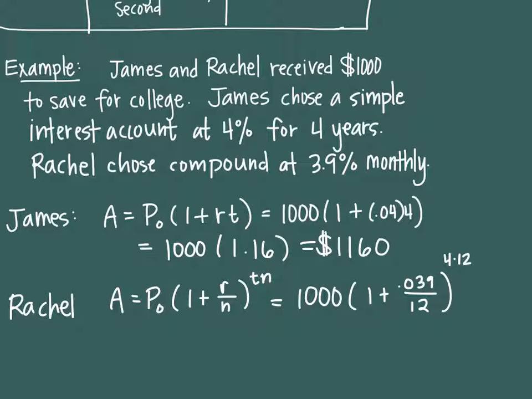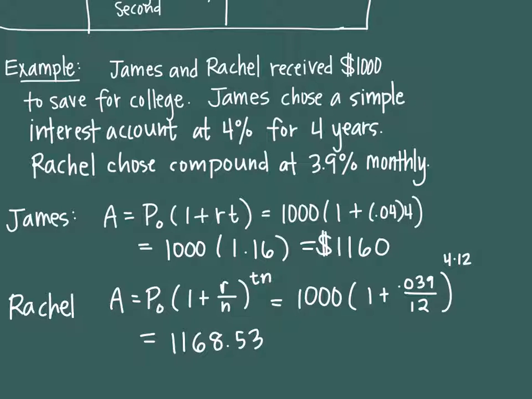All right. So Rachel has a whopping $1,168 and, let's see, 53 cents. So maybe Rachel will feel sorry for James, so she'll take her extra $8 and she'll take him out for Starbucks or something.